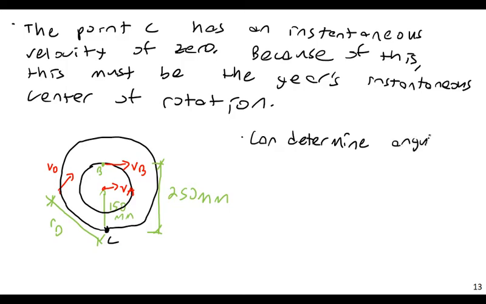In other words, the equivalent angular velocity about C, even though the actual thing is not rotating about C, but at this instant we can treat it as rotating about C. I can determine the equivalent angular velocity about C based on the velocity of A.